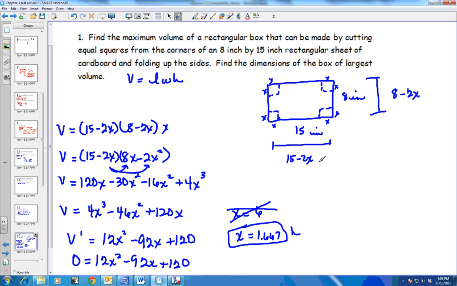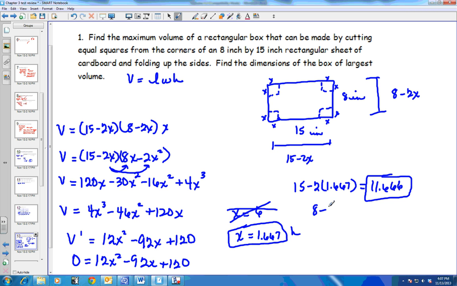I'm going to find this side by saying 15 minus 2 times 1.667. So 15 minus 2 times 1.667 is 11.667. That's that side.